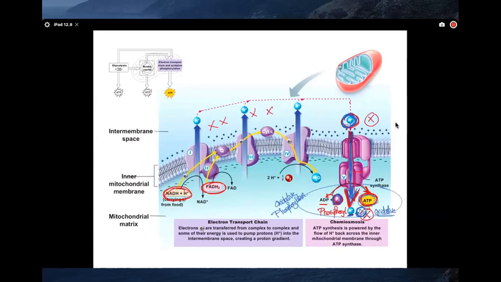For example, a hormone called the thyroid hormone. If you remember, it's a calorigenic hormone. What I mean by calorigenic hormone is that it's going to be responsible to produce heat.